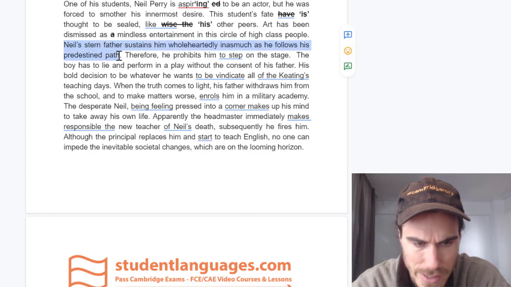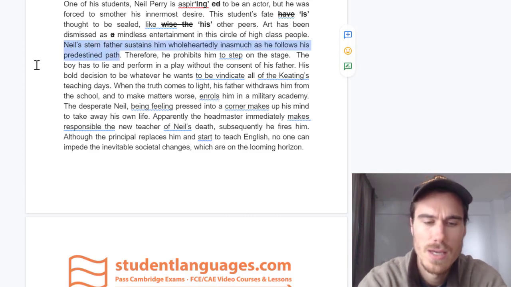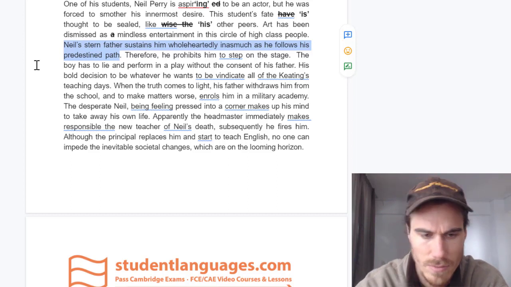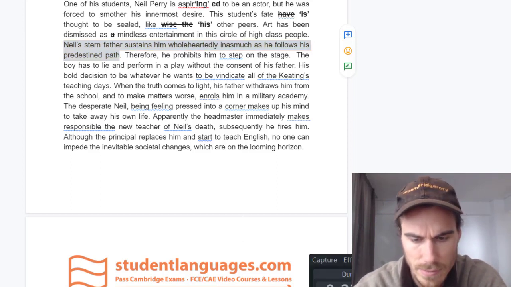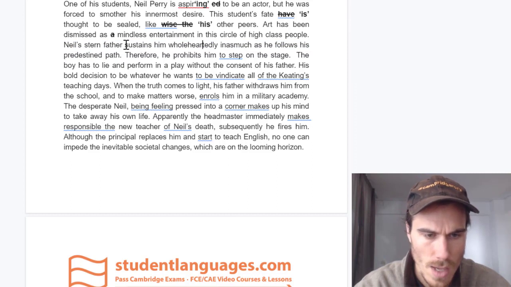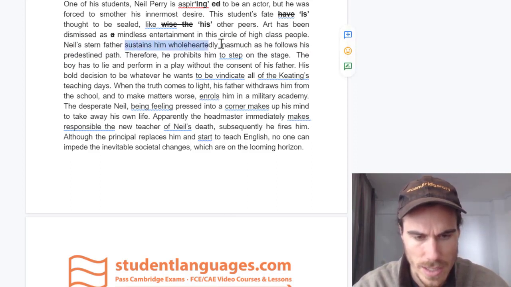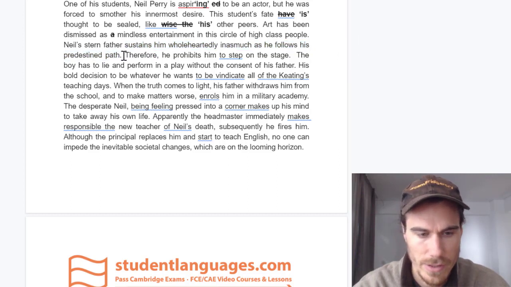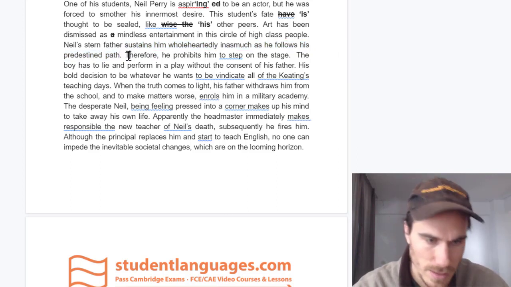I think maybe we need to revise this sentence. To sustain something is normally to keep something. Oh yeah, I understand, so he's keeping him and going to support him if he follows his predestined path, which is not acting.